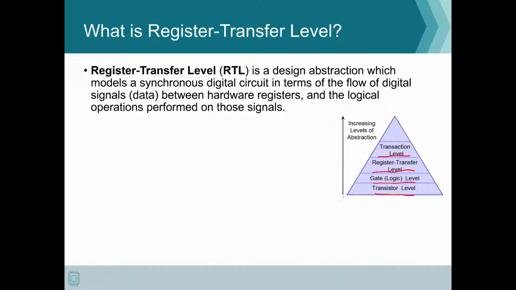This process, as you design circuits from transistors to gates to RTL, is called a bottom-up approach. And in some cases, you can also start designing at the register transfer level and then go to gate level design and then the transistor level design. This is usually called a top-down approach.